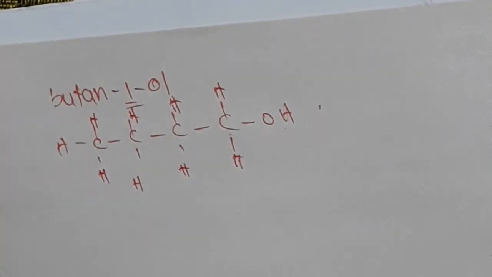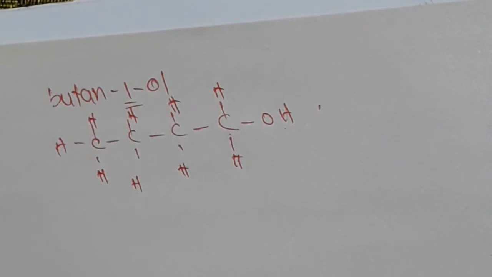The question is asking to draw another isomer. What do you mean by isomer? Different compounds that have the same molecular formula but different structure. Not isotope, isomer. Different compounds, they have the same molecular formula but different structure.